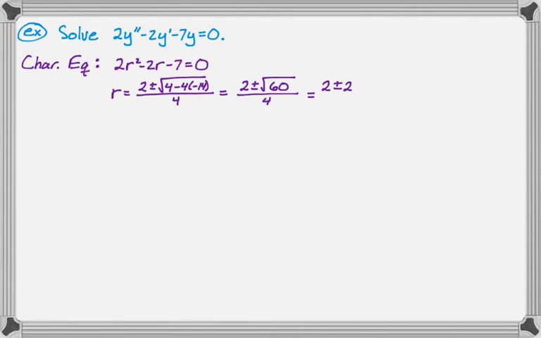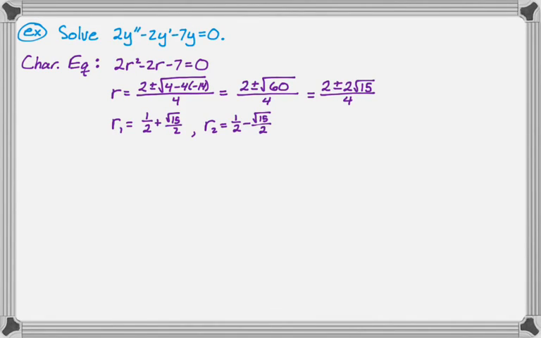Radical 60 is radical 4 times 15, radical 4 is 2, so 2 root 15 all over 4. And it looks like I'm actually not getting a double root here. I'm getting that r1 is 1/2 plus root 15 over 2, and r2 is 1/2 minus root 15 over 2.